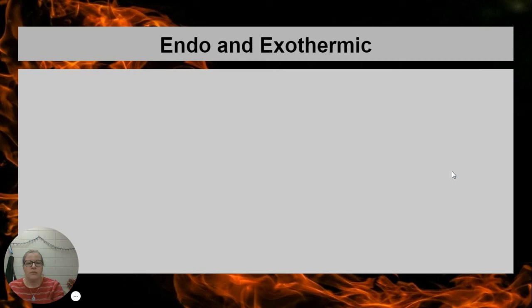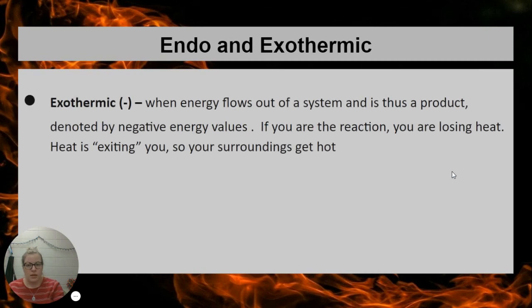Okay, now endothermic and exothermic. There are 2 terms. These you need to know really, really well. So when we talk about exothermic reactions, processes, whatever, when you think about exothermic, you want to think about negative, okay? Exothermic reactions and processes are things where energy flows out of a system and is a product, a consequence of that change, and it's denoted by a negative value.